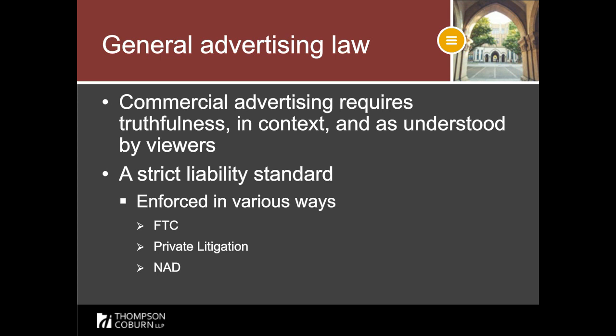It's enforced in a lot of different ways. The Federal Trade Commission is the federal agency charged with combating unfair trade practices. While it's a small agency with a limited staff that can hardly police all of national advertising, it does focus on areas of great importance to the public.